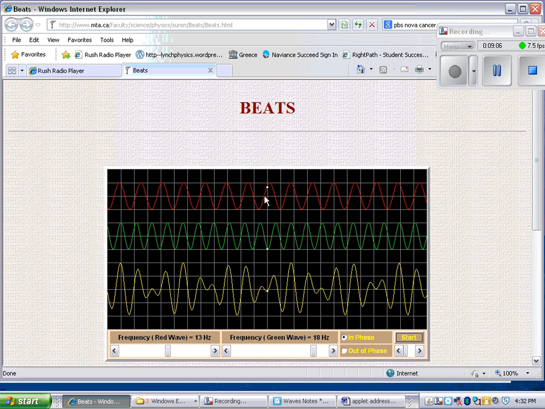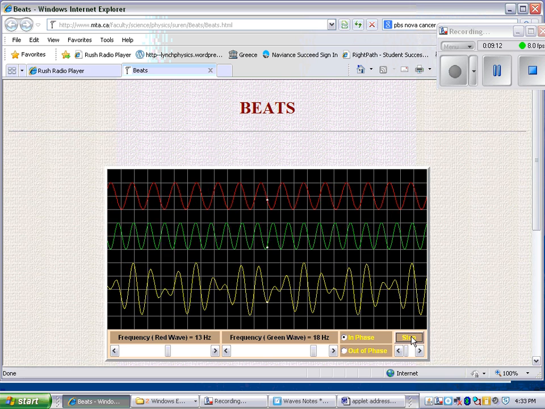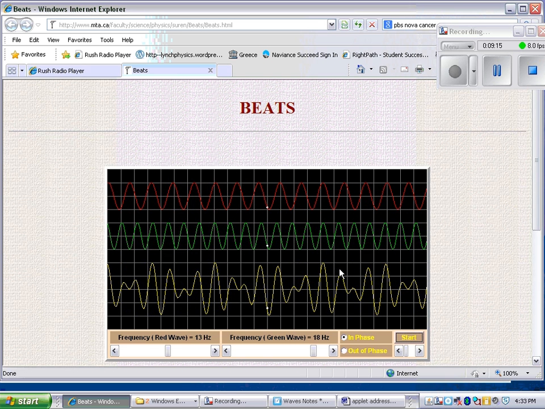This is at a trough, this is near a crest, so they're going to wipe each other out. And then I don't have to wait very long until they're in phase again. Here they're both at trough, so I get a big trough, so it would be very loud. So now it's quiet, loud, quiet, loud a lot more frequently. So the beat frequency is a lot higher.